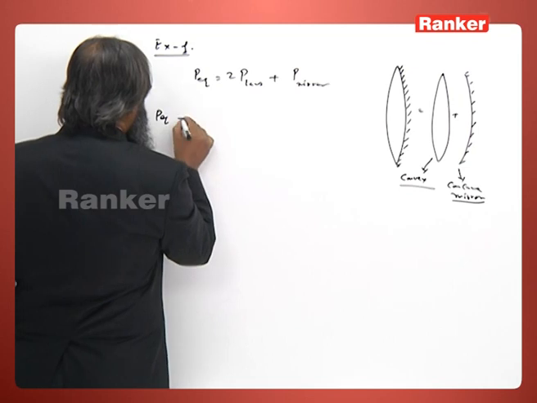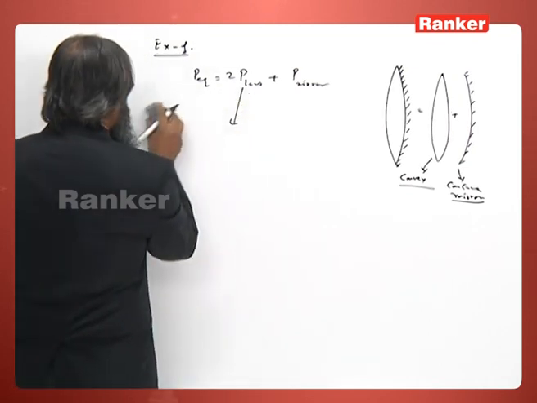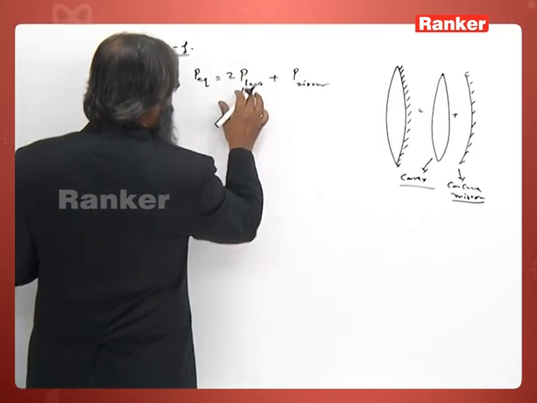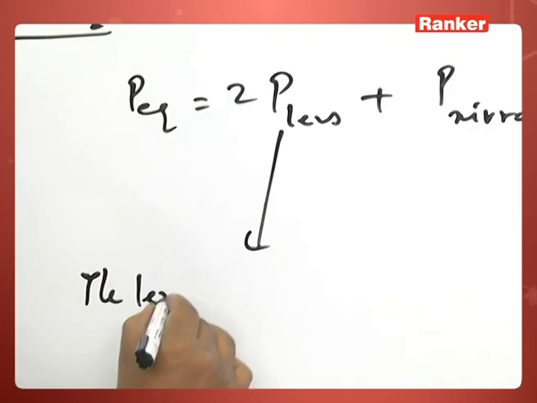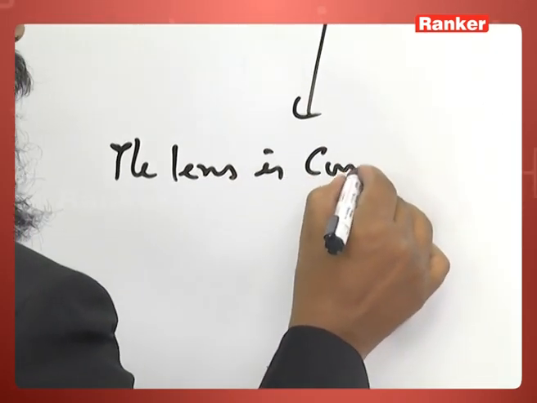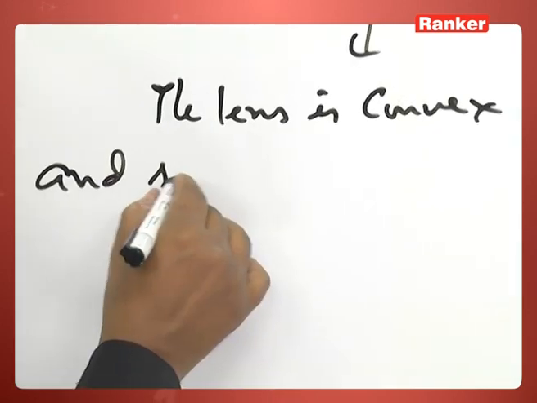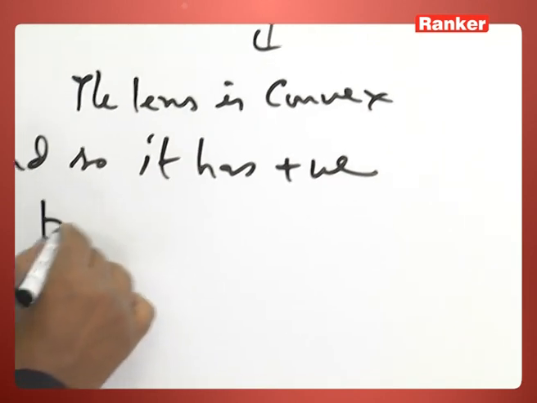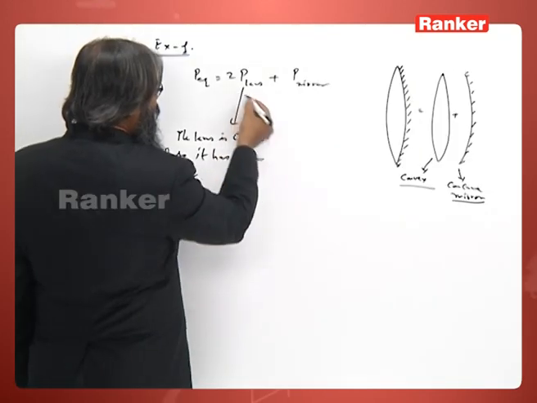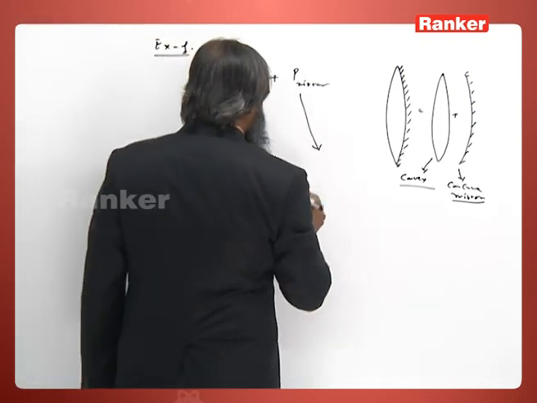So, P equivalent becomes, let us see what is this portion, lens. So, here the lens is convex, and so it has positive power. That means this quantity is going to be positive. What about this mirror?